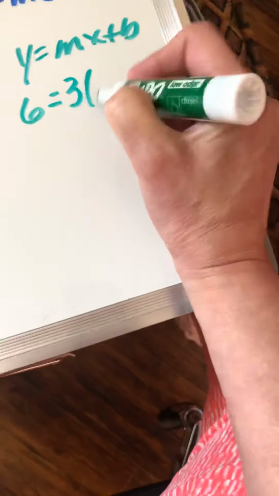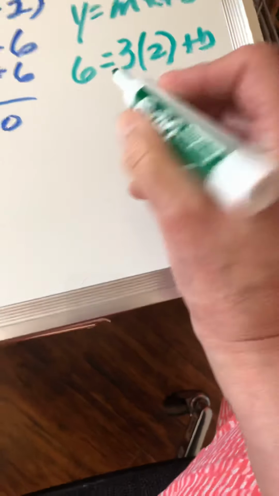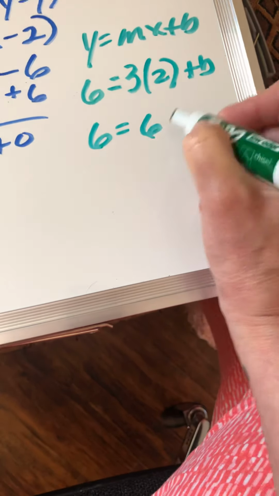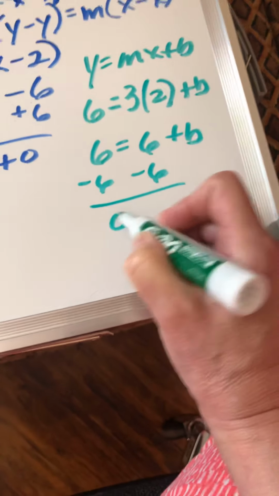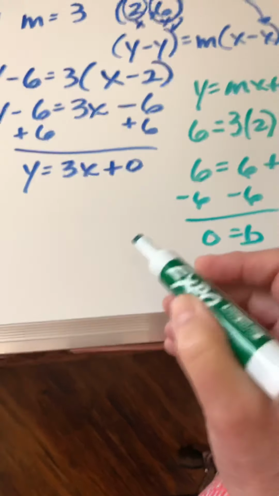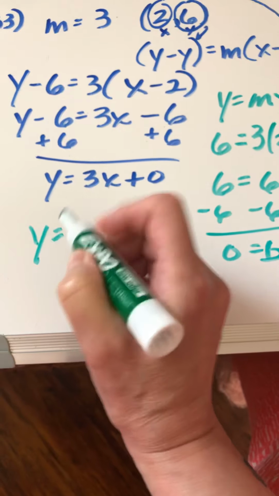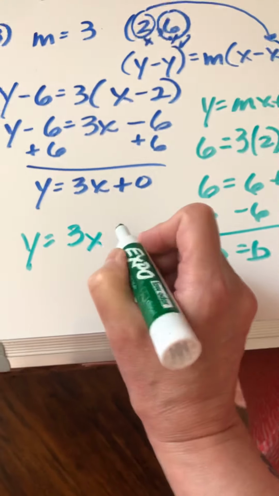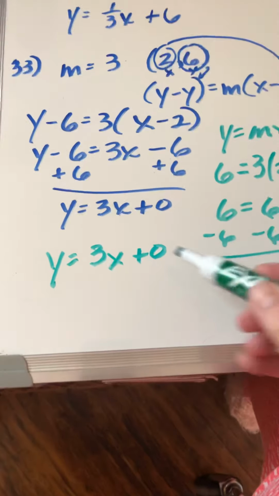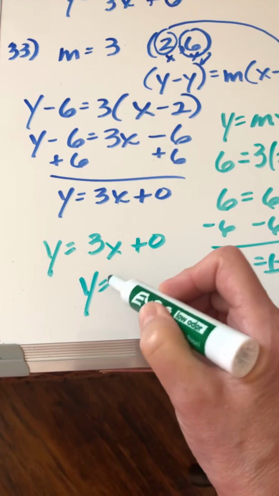We have an x. We need b. And there, so we still have y equals 3 is our slope, and then plus 0. And of course, the most concise way is just to write this.